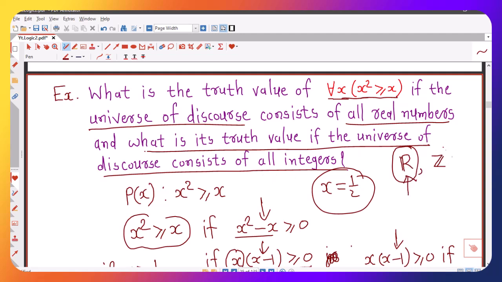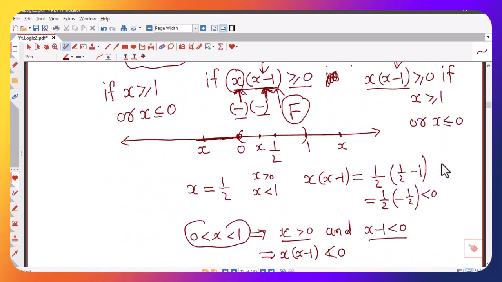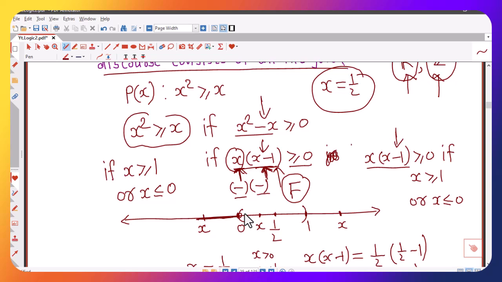But suppose domain is the set of integers, then now we know that if x lies between 0 and 1 only, this is false. If x is in between 0 and 1, then this is going to be false. But if we consider x in this set of integers, then there is no integer between 0 and 1, therefore this is going to be correct if x is integer.